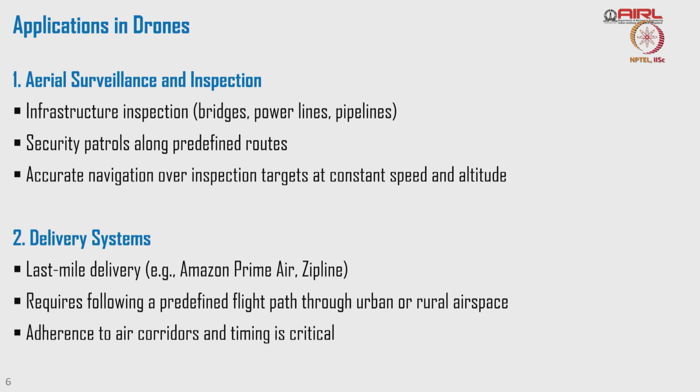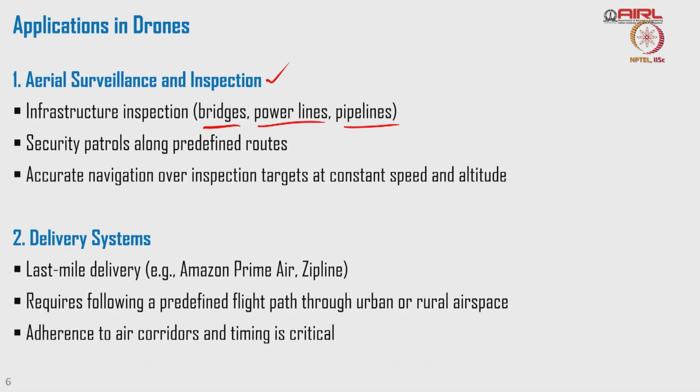Aerial surveillance and inspection. When we have to inspect some infrastructure like an important bridge which is connecting two sides of a river, and for defense purposes also we might need to inspect the bridge, or some power lines, some pipelines, some important monuments, museums, etc., whatever it may be.